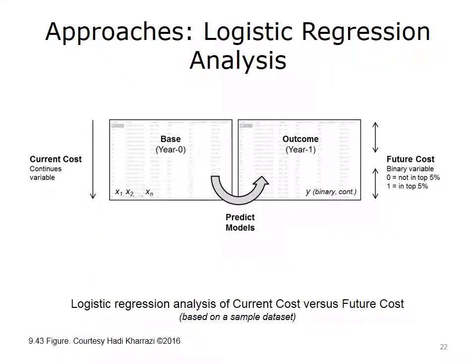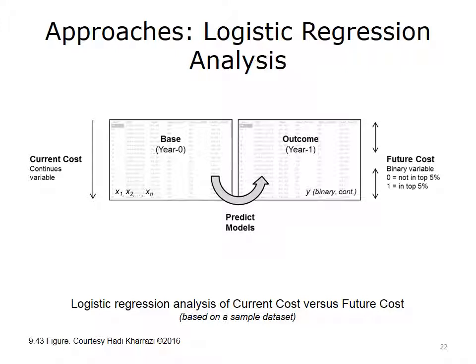As discussed in previous lectures of this unit, population health models often attempt to predict an outcome, such as being in the top 5% of future cost based on data available in the base dataset. For example, in a simplified model, an analyst may use the current base year's cost to predict the association of patients of a population to the top 5% cost group.